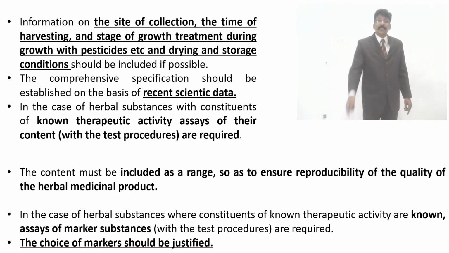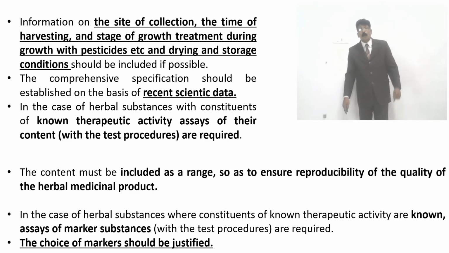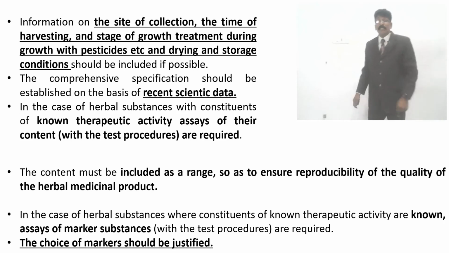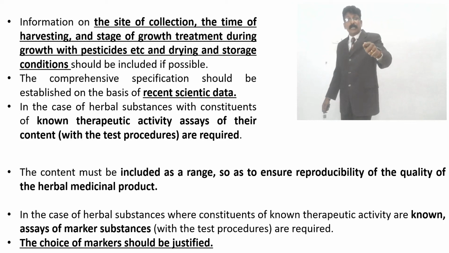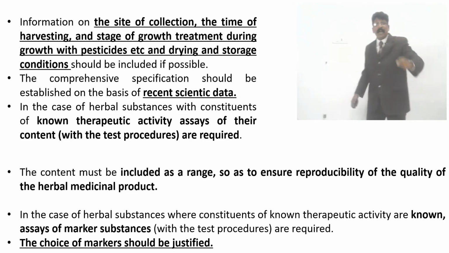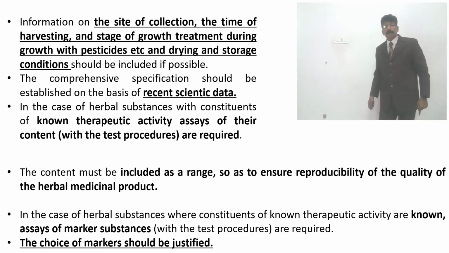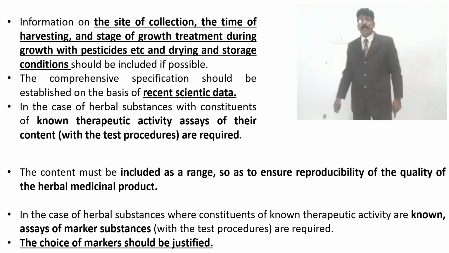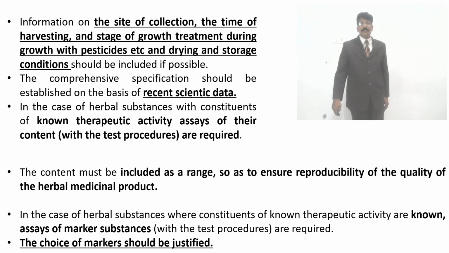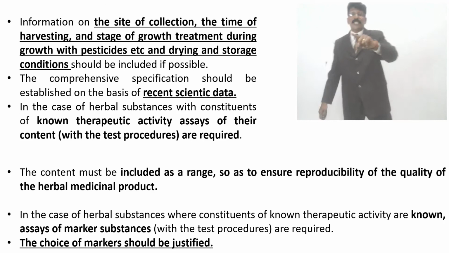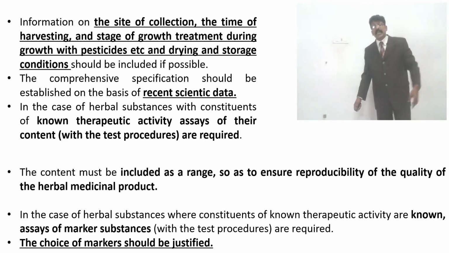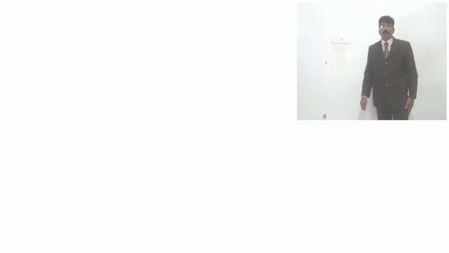In the case of herbal substance where constituents of known therapeutic activity are not known, assay of the marker substance with a test procedure should also be added. The choice of the analytical marker should be justified. You have to compare with the standard analytical marker for any constituents.